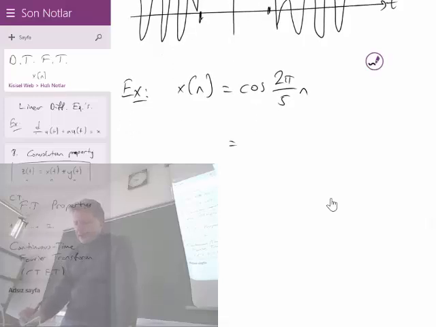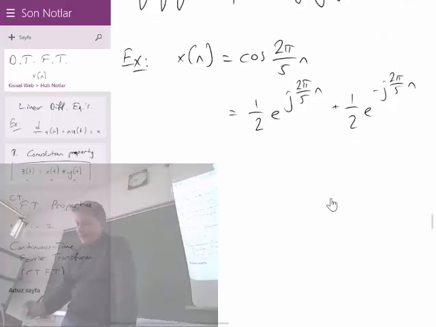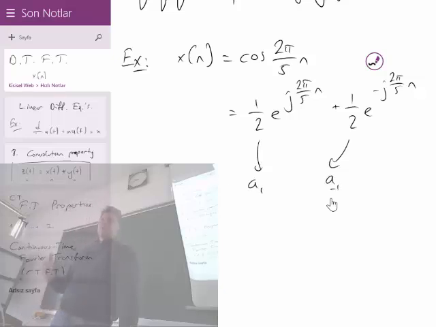From Euler's expansion, this is 1 over 2 e to the j 2 pi over 5 n plus 1 over 2 e to the minus j 2 pi over 5 n, and we see that the Fourier series coefficients are a1 and a minus 1, which are 1 over 2, we already know it. But the frequencies corresponding to these harmonics are 2 pi over 5 and minus 2 pi over 5. These are the frequencies of these harmonics.